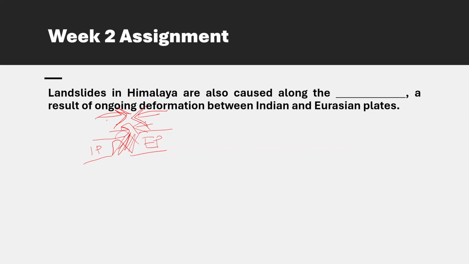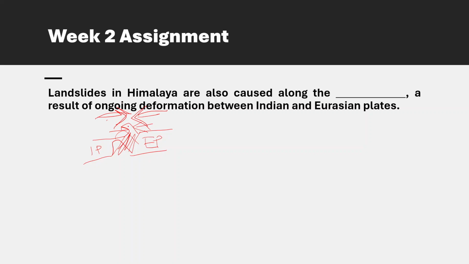Yeah, dip slip fault definitely, but what kind of dip slip fault? You have two types, right? You have normal fault, you have reverse fault, and the other kind of reverse fault is the thrust fault. So what kind of fault? Any idea?